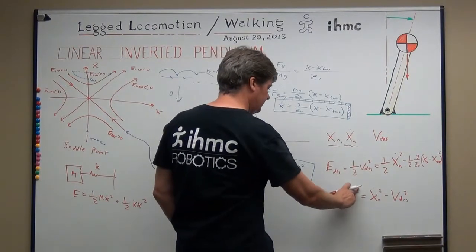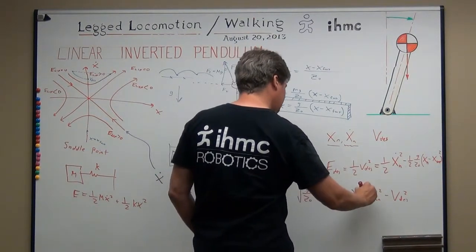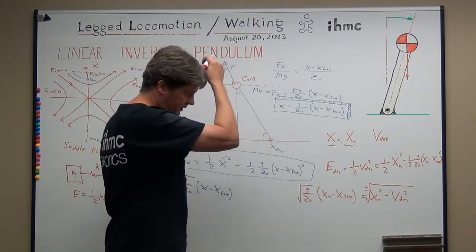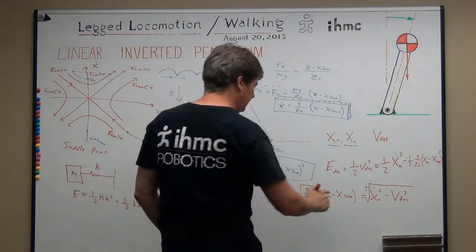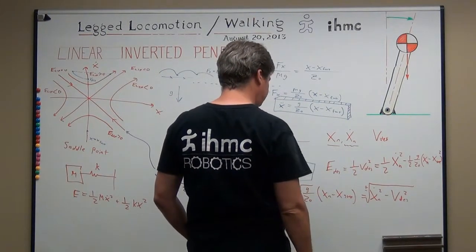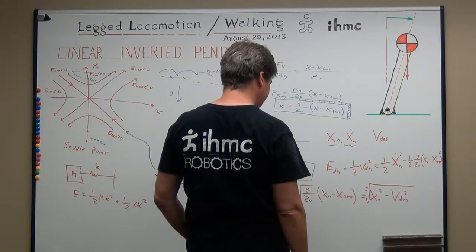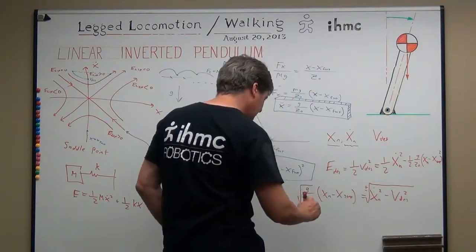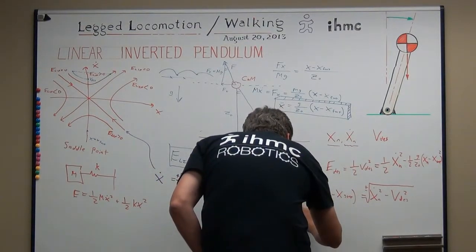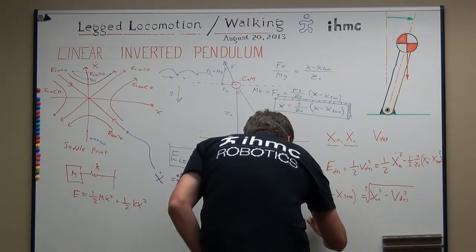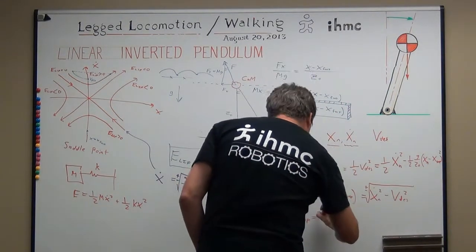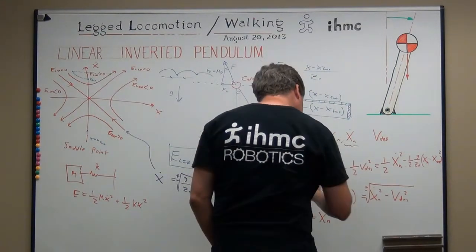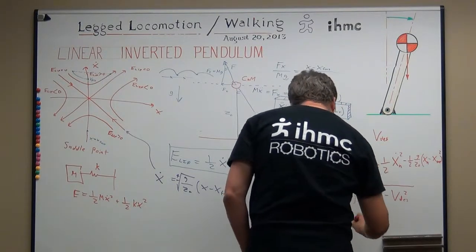Okay, and then get rid of this squared by taking square root over here, square root over there, and we'll have to figure out whether or not it's plus or minus in a sec here. Okay, and then finishing solving it, we're going to get, let me know if I screw up the algebra here, x step is going to equal plus or minus.